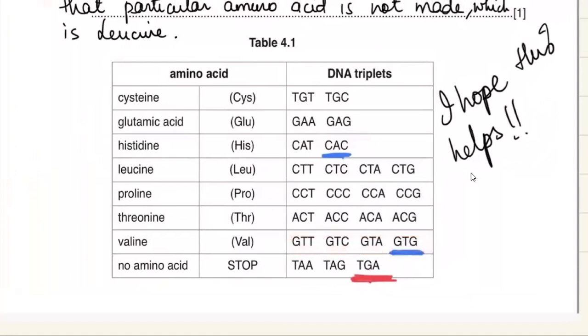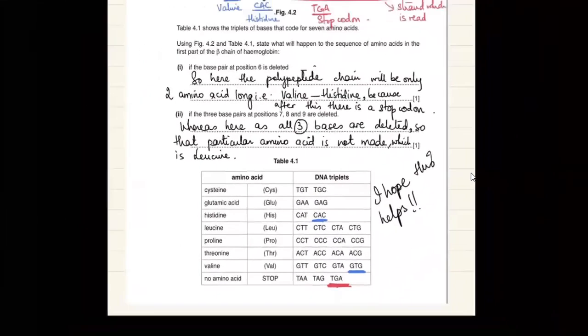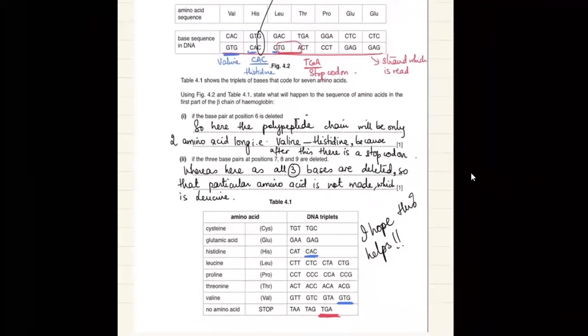ठीक है? If I just hold my device like this, so if we look at कि इसमें से कौन सा यहाँ पे है, सारे यही हैं: GTT, GTC, GTA, and GTG. तो उनमें से सिर्फ GTG is over here. ठीक है? We have done the features of the genetic code, and one of the salient features is that it is redundant.